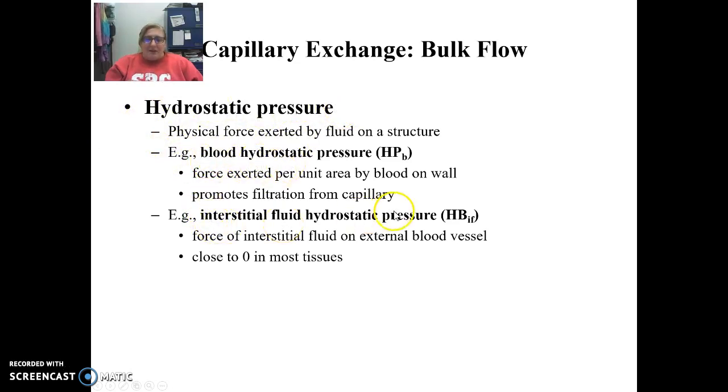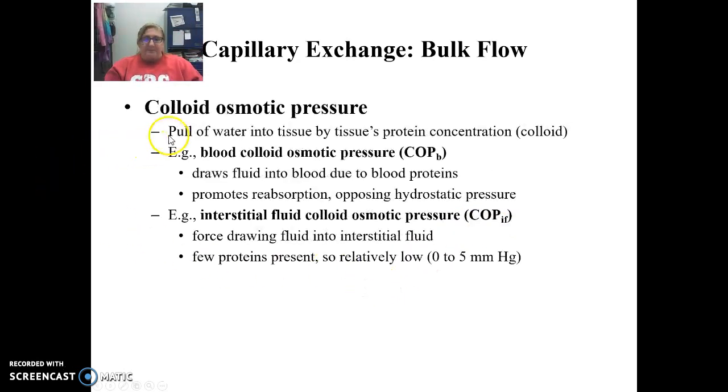Your blood and your interstitial regions can have a certain amount of hydrostatic pressure. The blood hydrostatic pressure is going to always be higher than interstitial hydrostatic pressure, so you're going to have more push for the fluid to leave the blood. Colloid osmotic pressure is the pull of fluid back into the tissue.